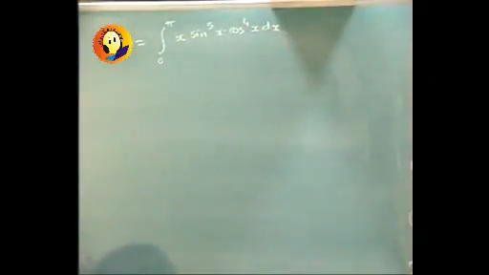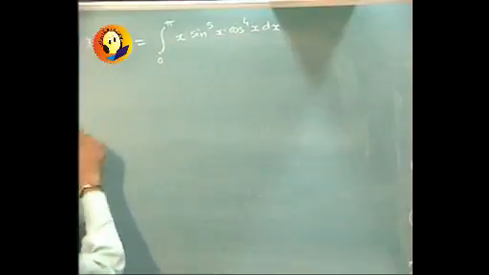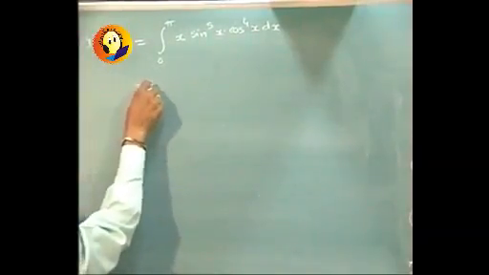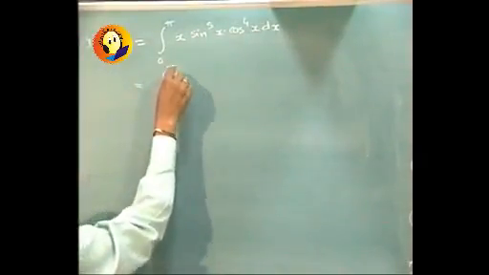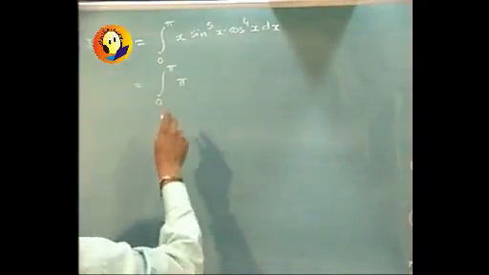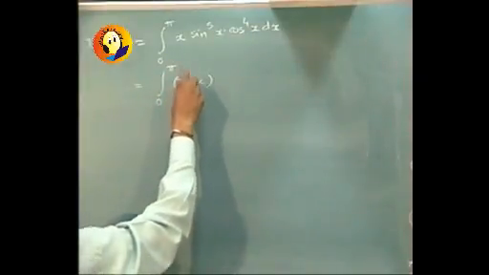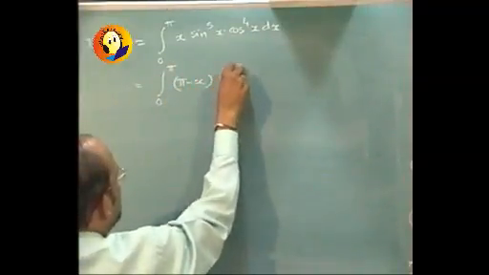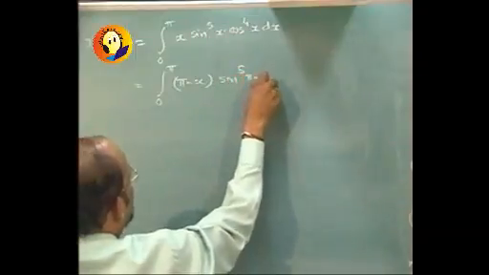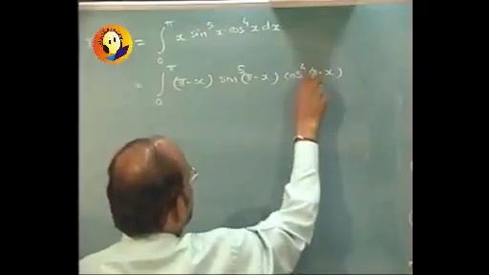Now to simplify this, if I treat this as term I, then using the formula I can write it as integral 0 to pi, pi minus x, I am substituting for x pi minus x, sin raised to 5 pi minus x into cos raised to 4 pi minus x dx.